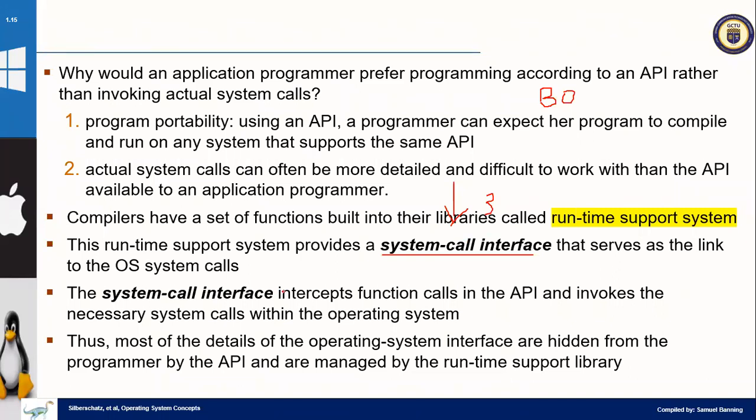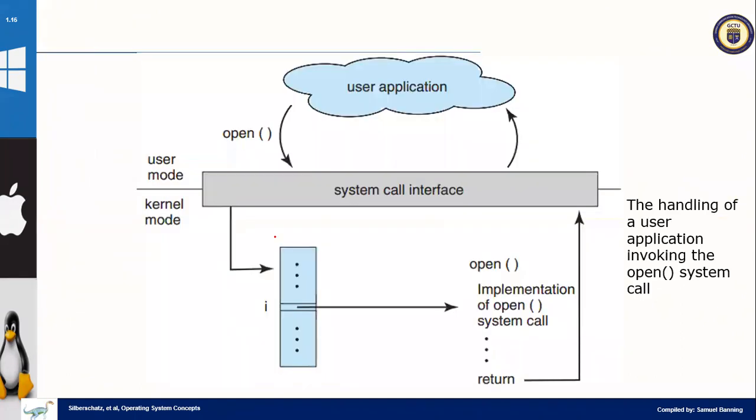So the system call interface intercepts the function calls in the API and invokes the necessary system call within the operating system. All right, good. This is the diagram to illustrate that. Here you have your user application. Your user application cannot understand all the necessary system calls in order to complete a function.